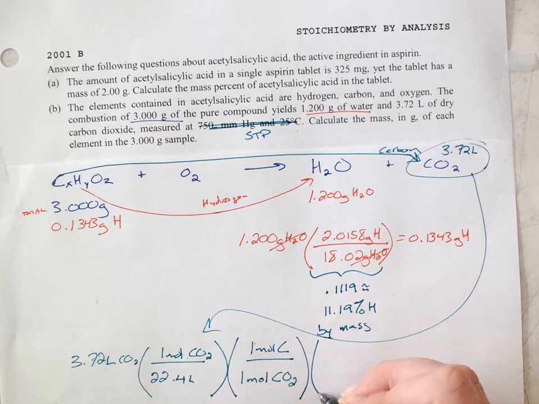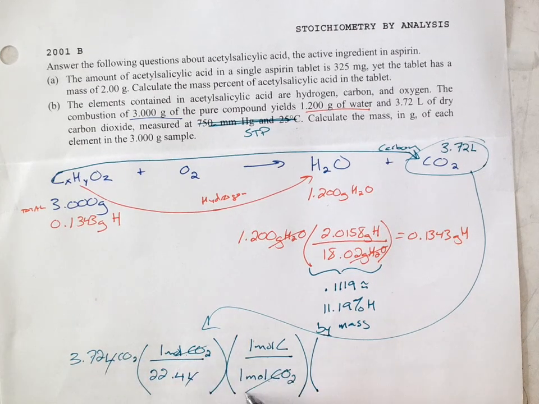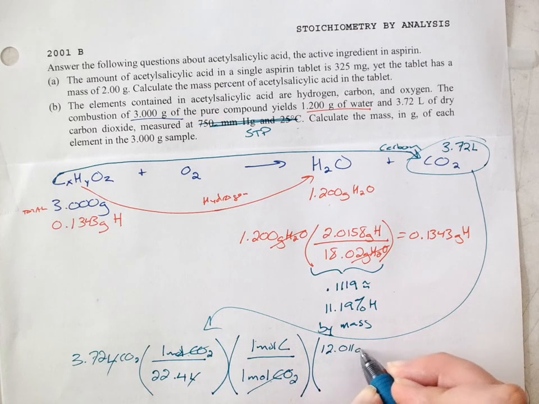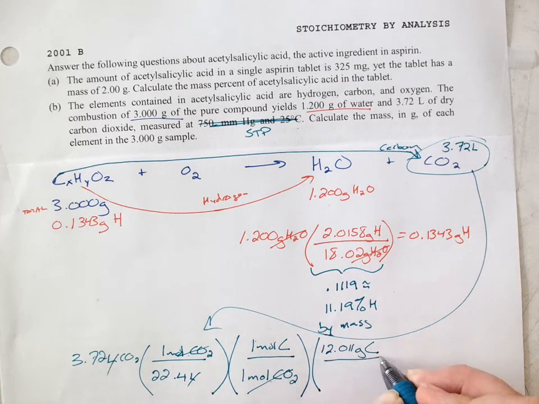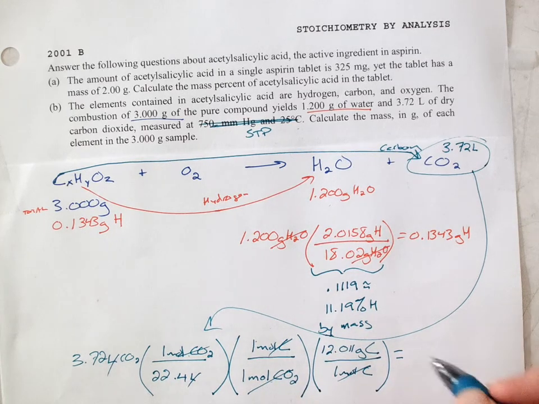And I even want masses, right? My liters will cancel. My moles of carbon dioxide will cancel. If I use the molar mass of carbon here, I can do this all in one step. Carbon weighs 12.011 grams per mole. And this math will get me my grams of carbon.